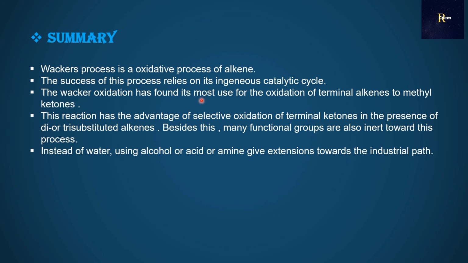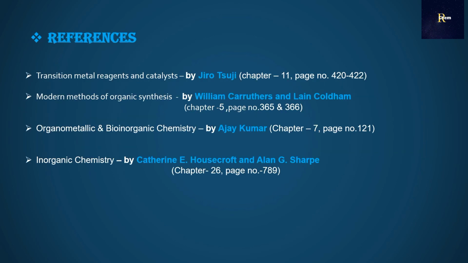And the fourth point is, the reaction has the advantage of selective oxidation of terminal alkenes in the presence of di- or tri-substituted alkenes, and besides these alkenes many functional groups are also inert toward this process. And the last one is, using alcohol or acid or amine instead of water gives extension toward the industrial path also.